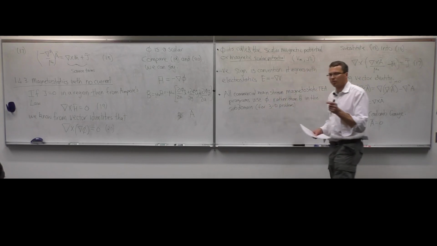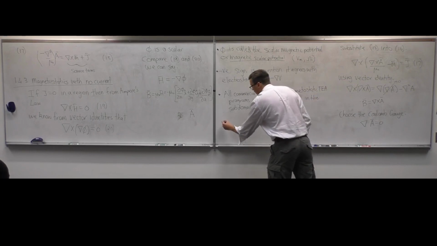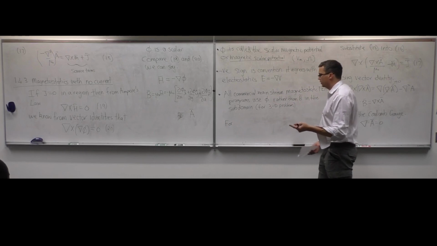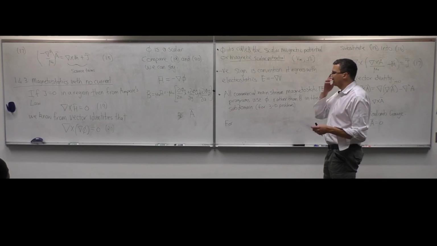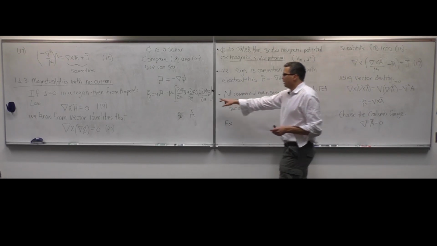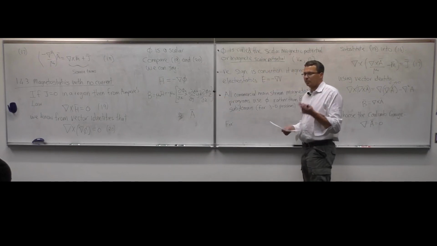If you have a 2D problem, where you don't have the Z component, you can solve instead using the magnetic vector potential AZ.